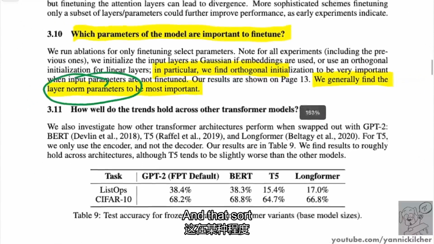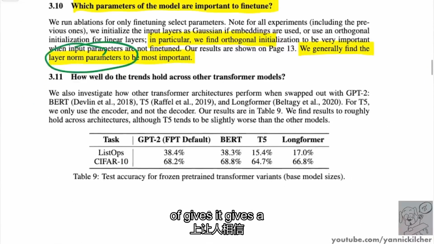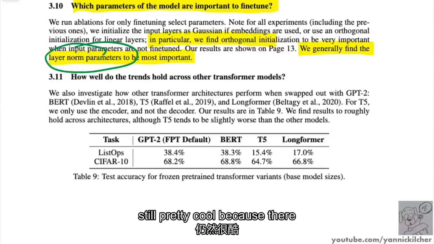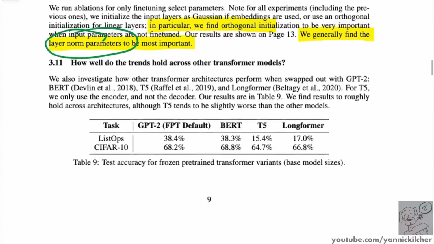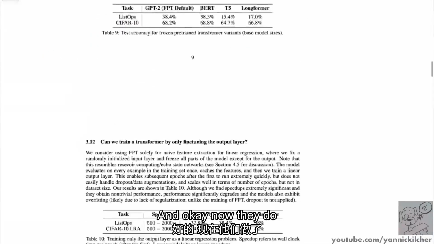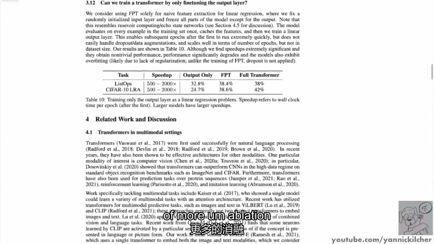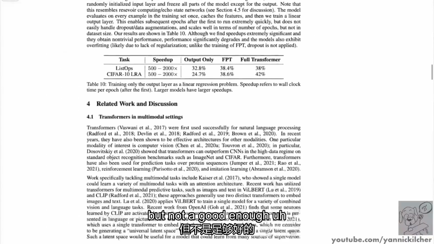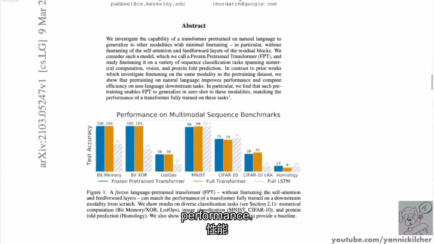And that sort of gives credence to the fact that these layer norms carry a lot of the weight of these things right here. It's still pretty cool because there are very few parameters that you need to fine-tune. And okay, now they do a bunch more ablations, like only training the output layer, which gives non-trivial performance, but not a good enough performance.